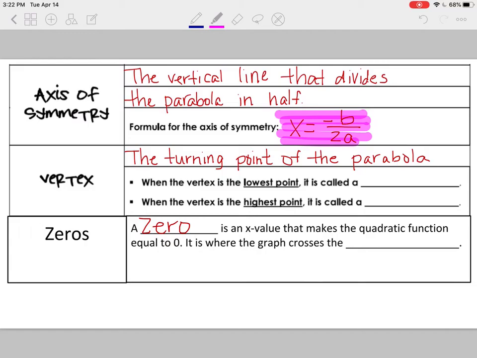We find the axis of symmetry because that also leads us to find something called the vertex. The vertex is the turning point of a parabola, and within a vertex, we have a lowest point, which is called the minimum. And then we have the highest point, which I hope you guys can guess, is called the maximum.